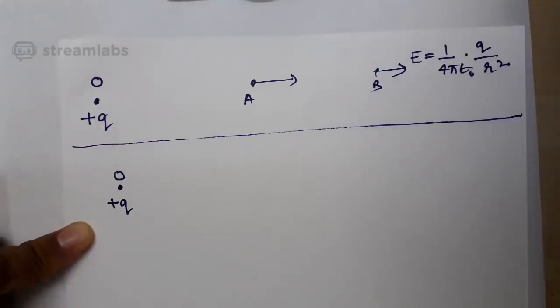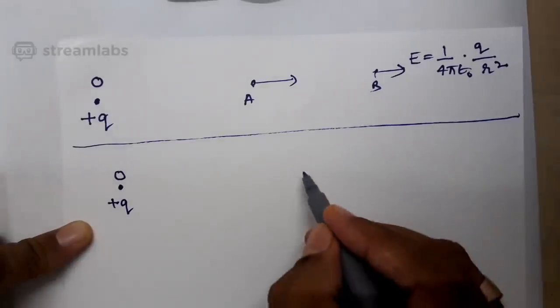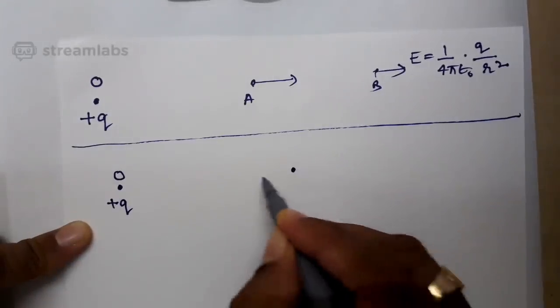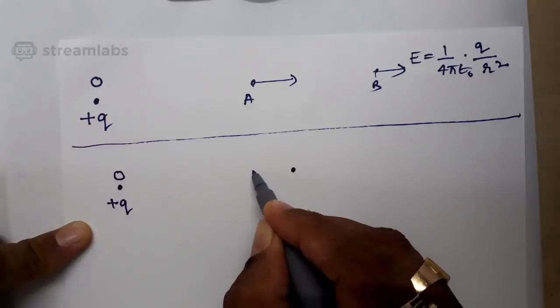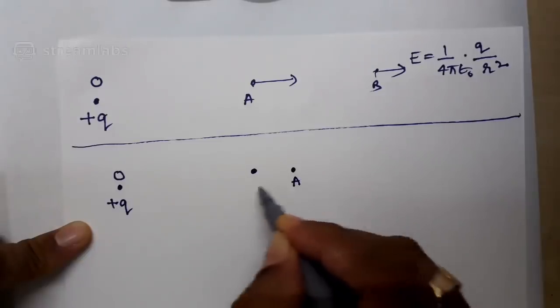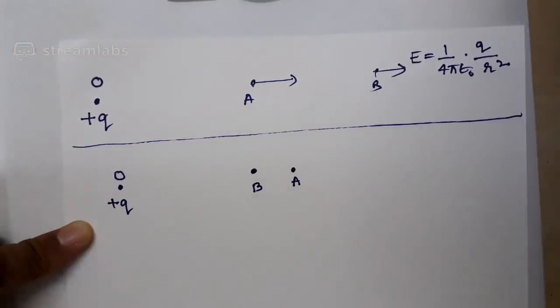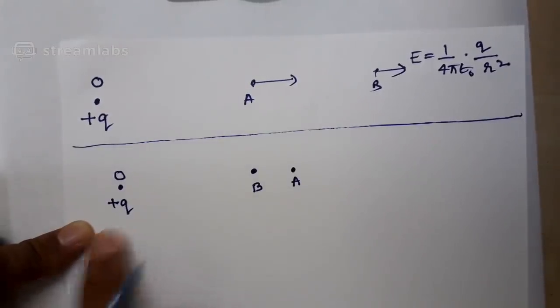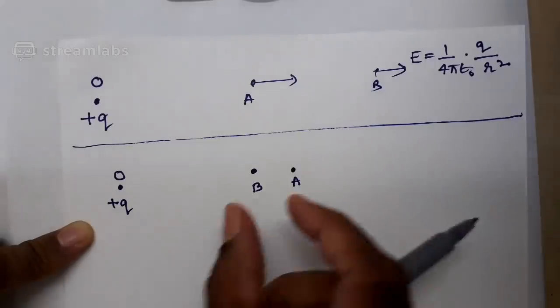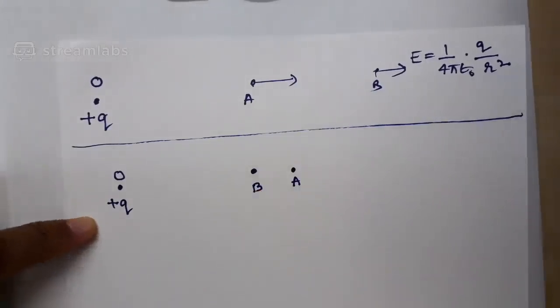That electric field is a non-uniform electric field. Now I am going to select 2 points. I will name those 2 points as A and B. Those 2 points which I selected in the electric field of a plus Q charge are very close to each other.